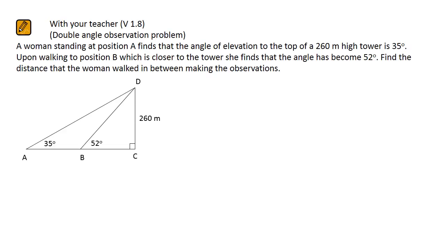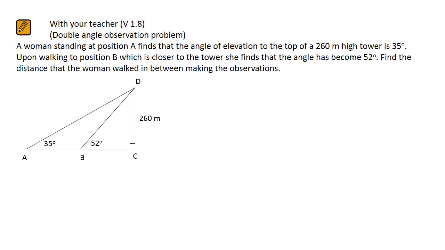Our job is to find the distance from A to B, and the strategy is going to go something like this. First of all, we notice that the distance AB that's required isn't even in a right-angled triangle. Now, the trig we've been doing so far deals with right-angled triangles. So what we're going to have to do is look at other triangles in order to try and find out distance AB.